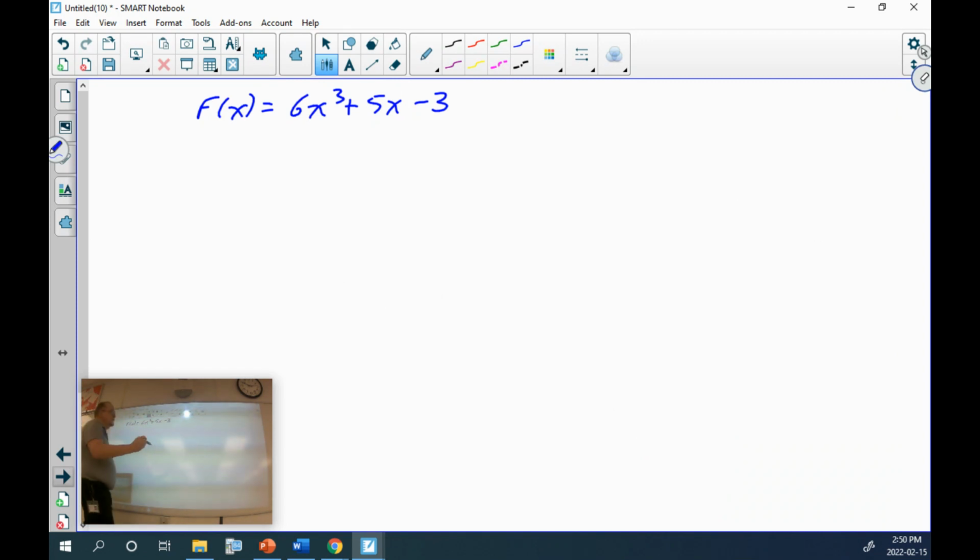And we want to show that at no point will m equal 4 on this graph. Okay, so again, the slope, we need the derivative.